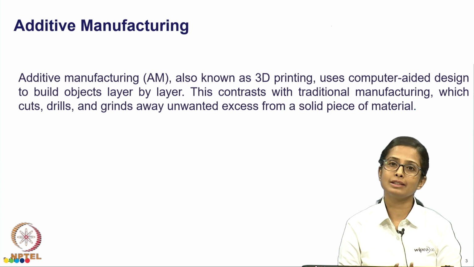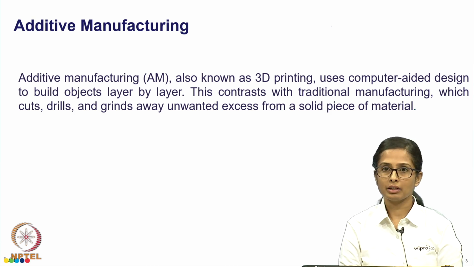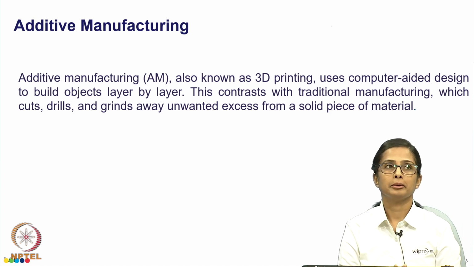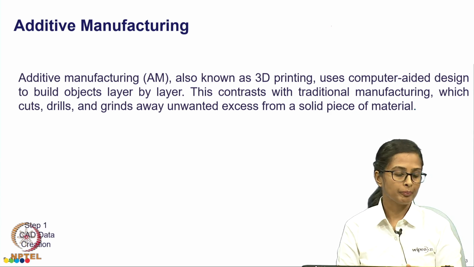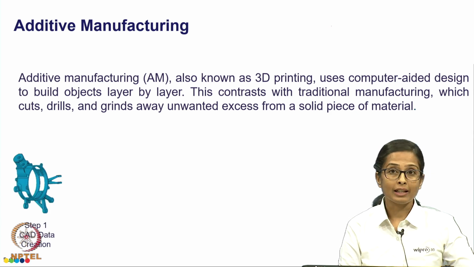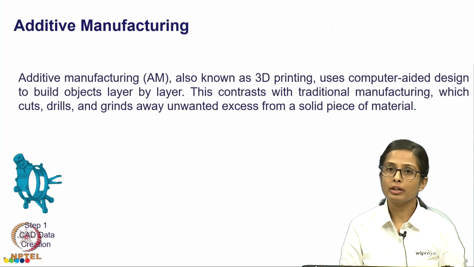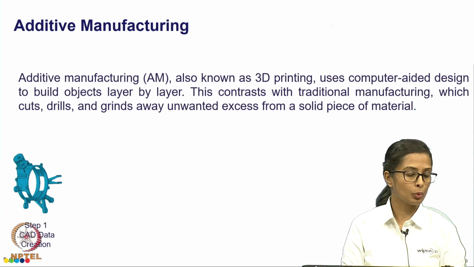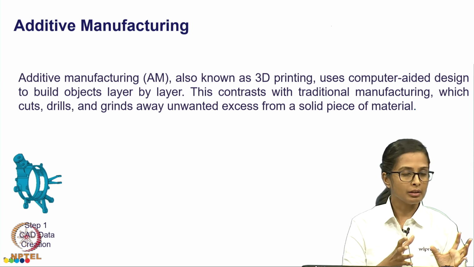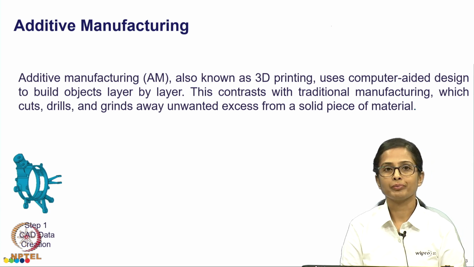As soon as a designer finishes making the model in any software, it could be NX, CATIA, or SolidWorks, a design engineer will make a part like you see on the screen.